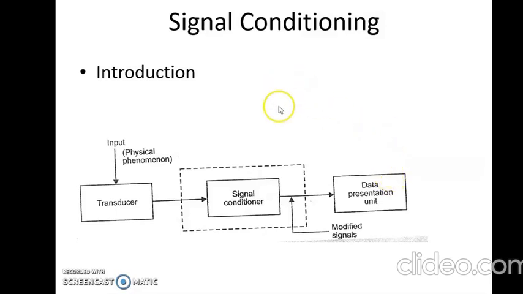But here we cannot use the converted electrical signal of the transducer directly. So the electrical signal may require certain modifications such as amplification or attenuation, etc. This necessary modification is carried out in the intermediate stage, which is called the signal conditioning stage.